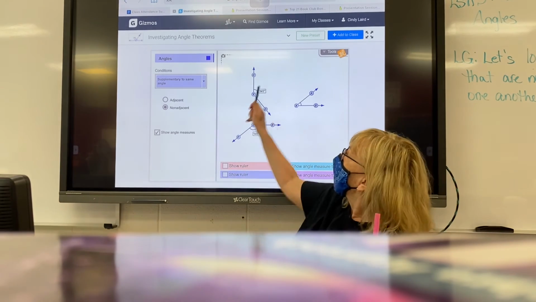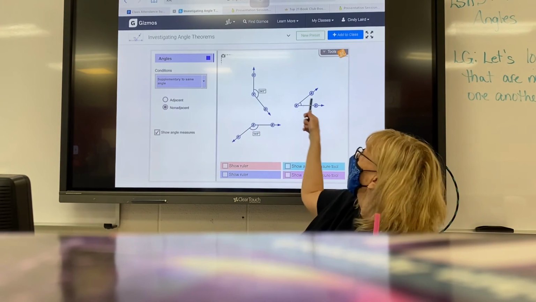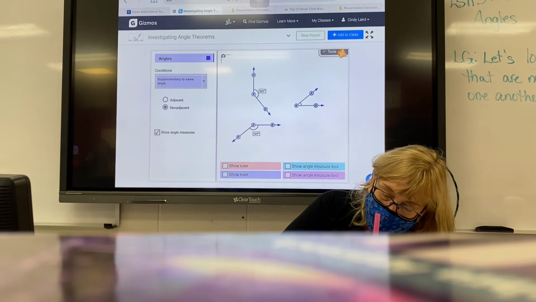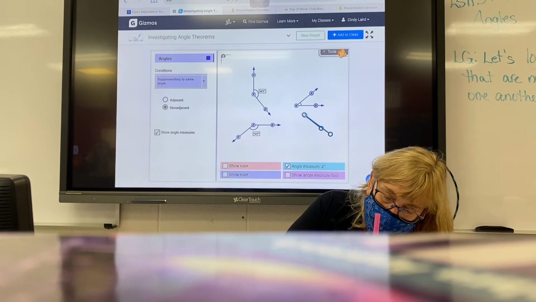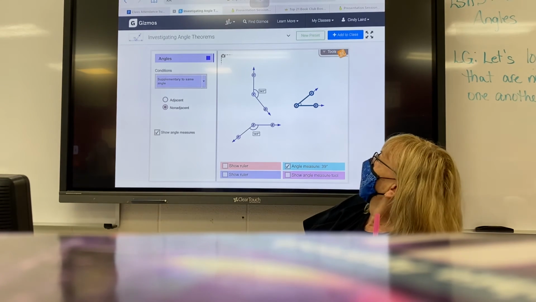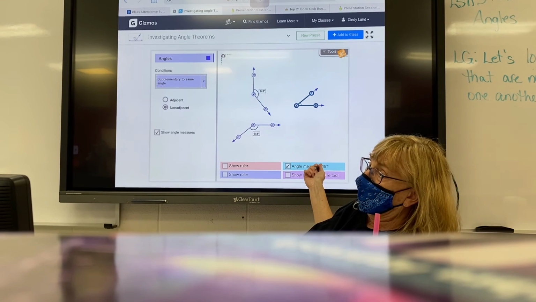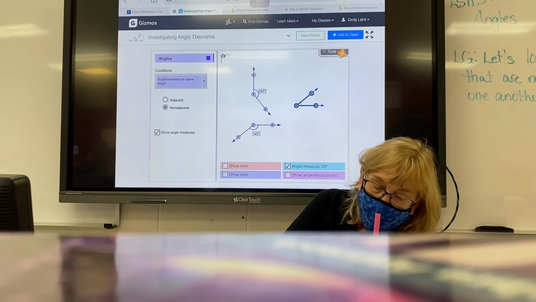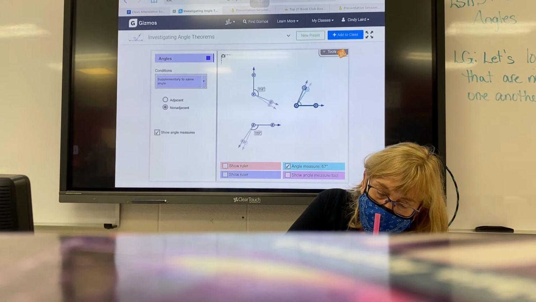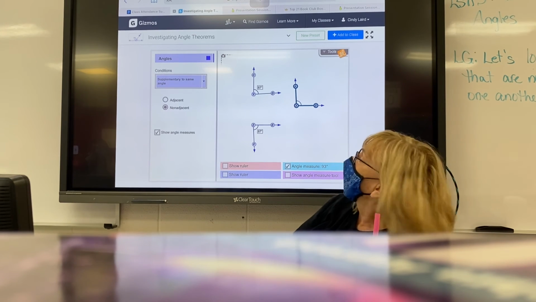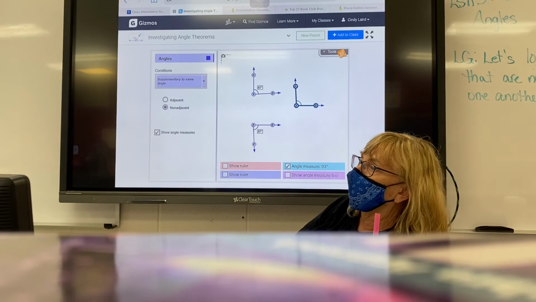All right, so if this one is 141, what do you reckon that one's gonna be? If they're supplementary, what's that one gonna be? That one would be 39, right? Okay, if I adjust this, do they always total 180? Yes.